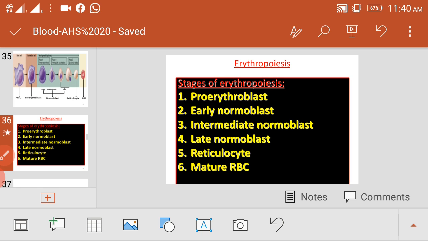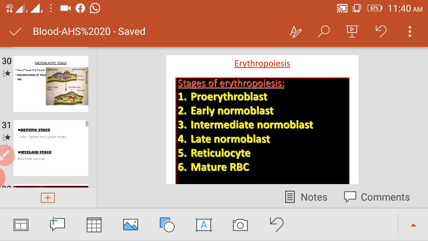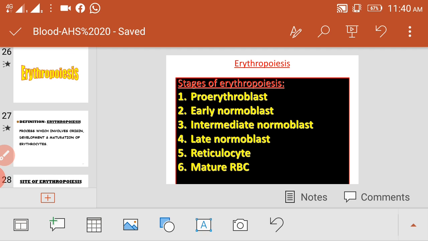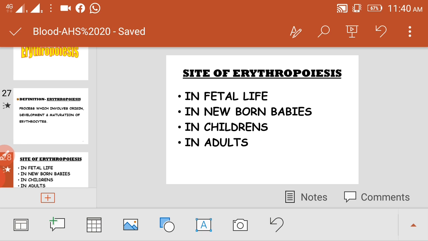So erythropoiesis is the process of origin, development and maturation of erythrocytes. The origin mainly takes place in the bone marrow. In fetal life there are three stages: hepatic stage, mesodermal stage and myeloid stage.